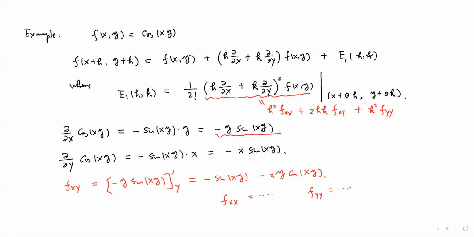Then we get (h partial x plus k partial y) squared f xy.